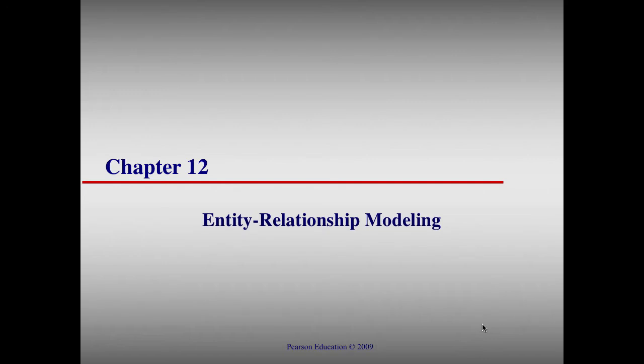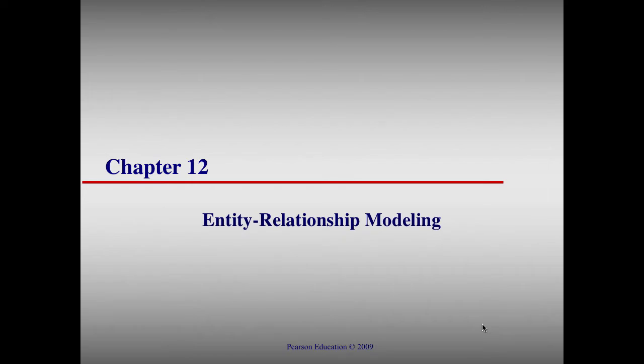So again, you're given a problem description, and now you have to figure out from the problem description what should be the relations, what should be the attributes, and how should I divide the attributes among the relations.